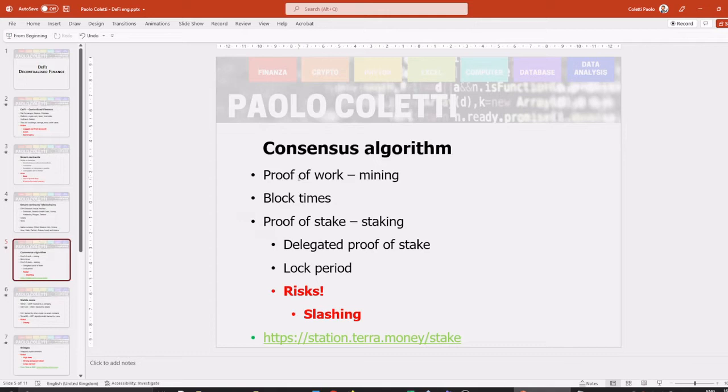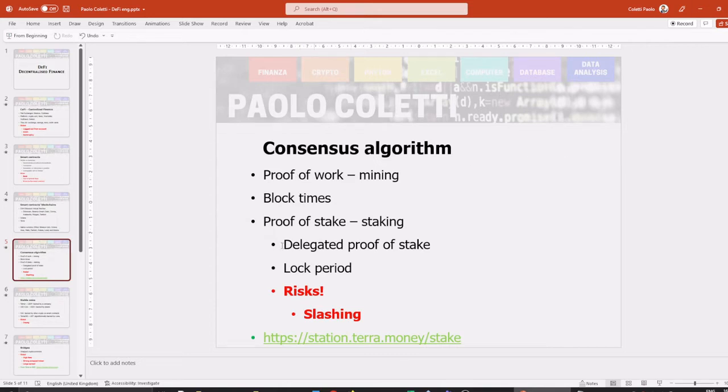Other blockchains have learned this lesson and have changed the consensus algorithm. Also, Ethereum is slowly migrating to proof of stake, but for now Ethereum is the only one among the famous smart contract blockchains that still works with proof of work.